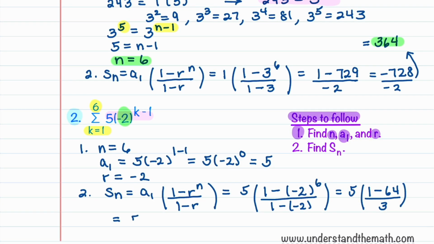This is then 5 times minus 63 divided by 3. Let's divide 3 into 63. So this is just 5 times minus 21 gives us a total of minus 105. And that's what our sum is equal to.